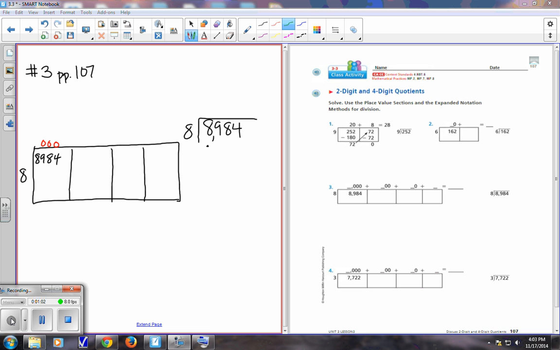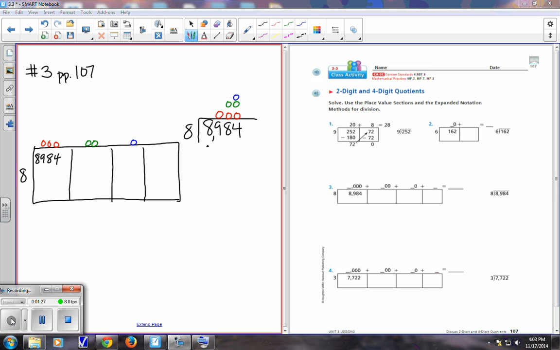Then I'm going to move into the hundreds. Then I'm going to move to the tens and then to the ones. Same thing in our expanded notation. We're going to start with our thousands, work into our hundreds, and do our tens and then our ones.